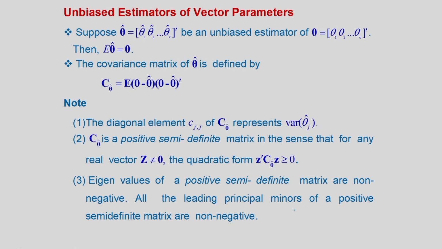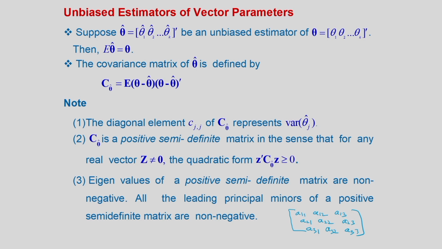Suppose I have a matrix like this: A11, A12, A13, A21, A22, A23, A31, A32, A33. So, this is the matrix. Now, we have to consider all leading principal minors, that means we have to consider minors from the left-hand side. The first minor will be A11, this should be greater than or equal to 0.